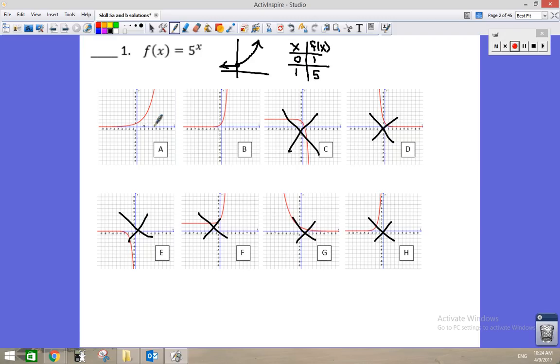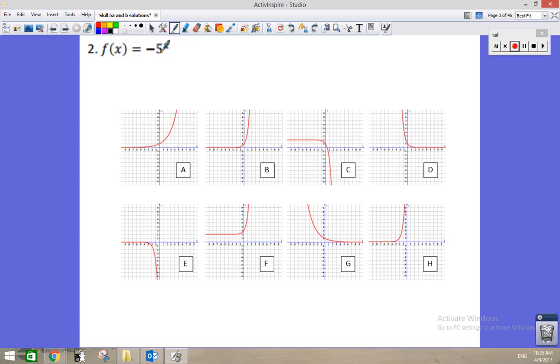So when I look at these immediately, I narrow it down to choice A or B. When x is 1 here, it's hard to see, but it looks like it's going through something that's less than 2. When x is 1 here, it does look like it's going through 5. So for problem number 1, it matches the graph of B. Now in problem number 2, we would take this graph of B and reflect it across the x-axis.